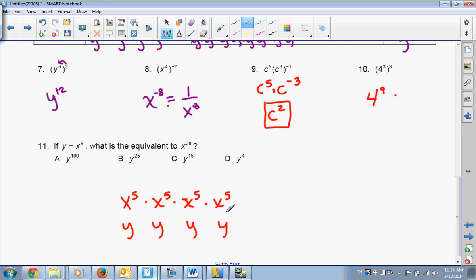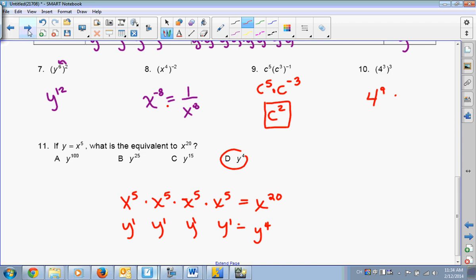Because it's telling us that y equals x to the 5th. So when we have common bases, we keep the base and we add the exponents, and that's what we were looking for. X to the 20th is the same thing as 4 y's. 1, 2, 3, 4. It's kind of like a little logic question right there.